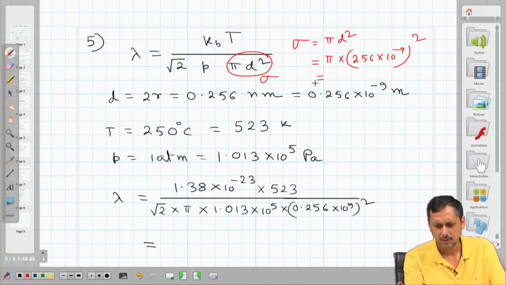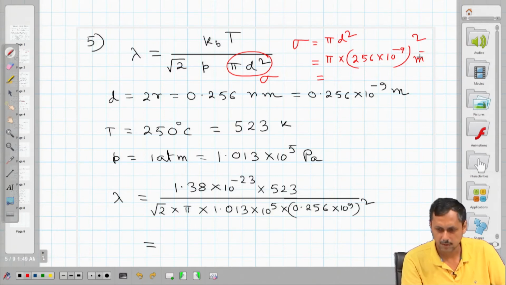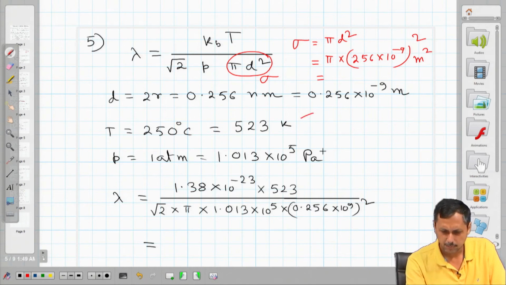I do not remember offhand, but it will be something like 18 and then point. So, something of the order of 10 to the power minus 19 meter square, not 1 by meter square. T is given, P is given. All we have to do is plug in these numbers.